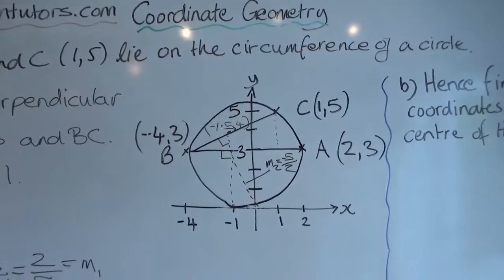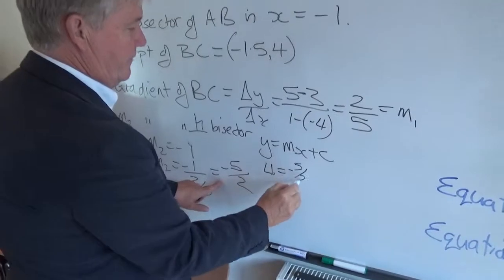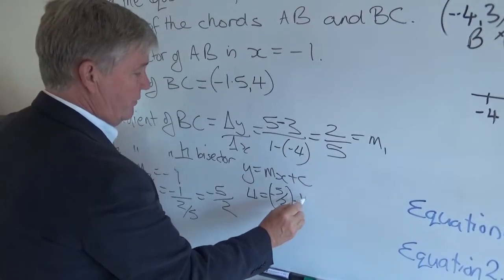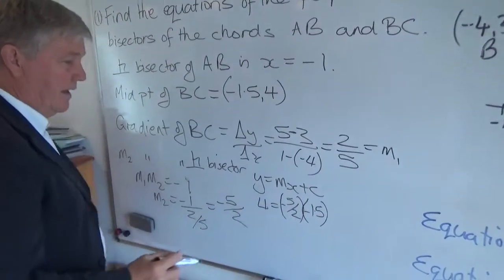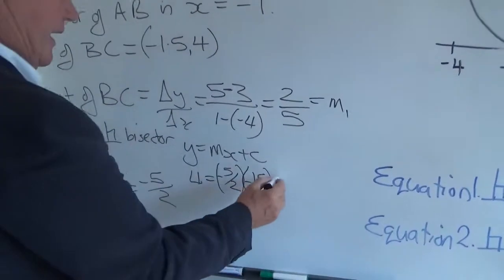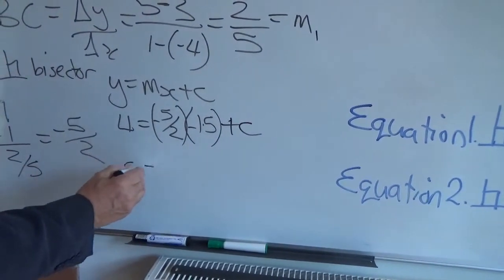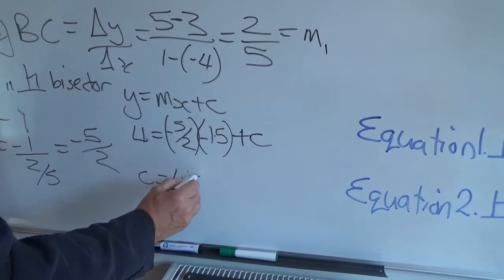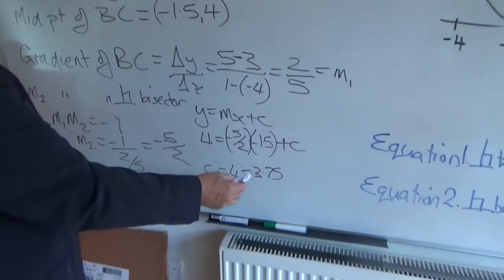So it becomes 4 equals, the gradient was -5 over 2, the x coordinate was -1.5. Brackets very important here. Plus c, which we don't know yet. We rearrange that and we'll get c equals 4 minus 3.75. 1.5 times 2.5 is 3.75.